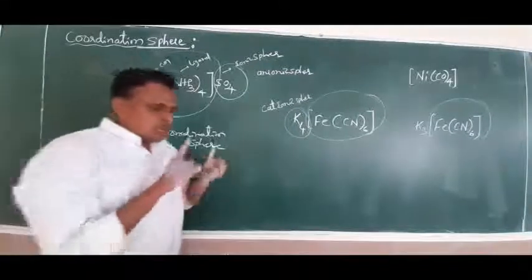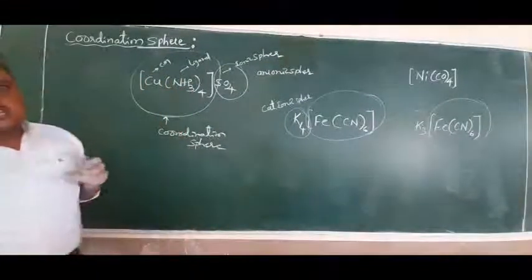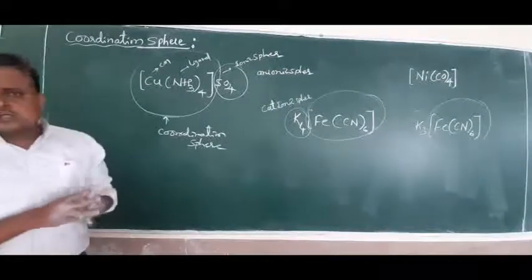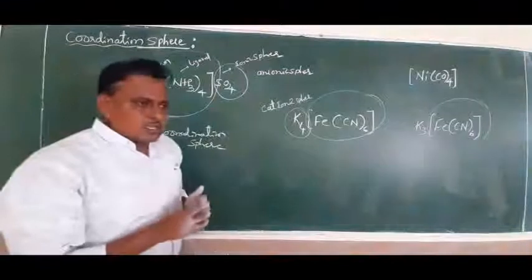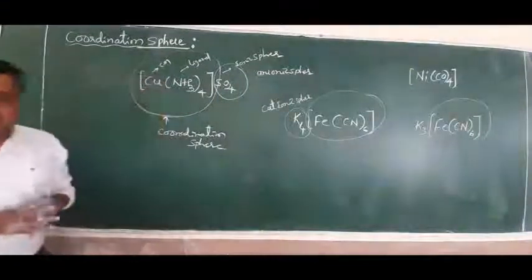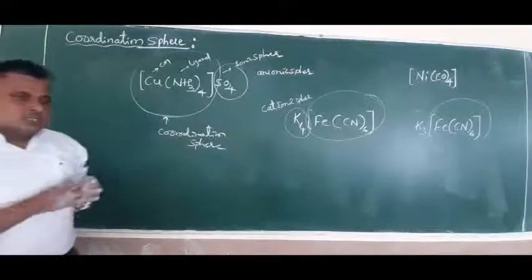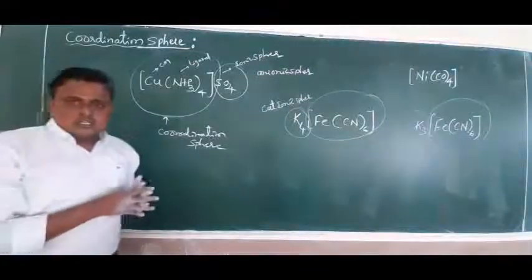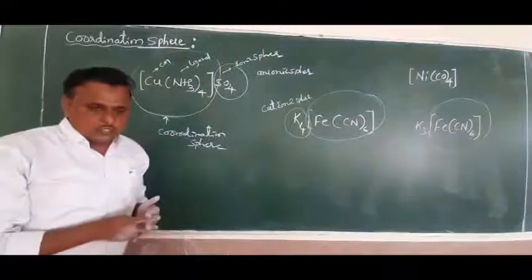Coordination sphere is the square bracket containing electron donor ligands and the central metal. In the next video, we move on to the major part, the different types of ligands. Thank you.